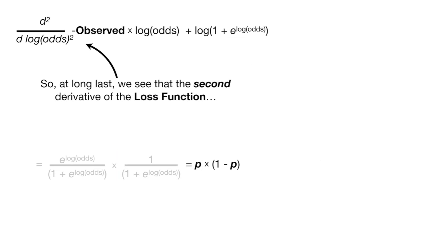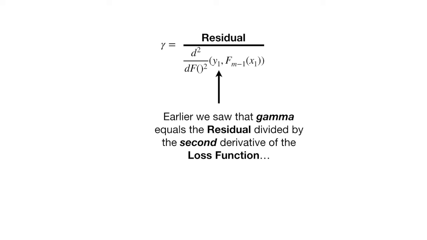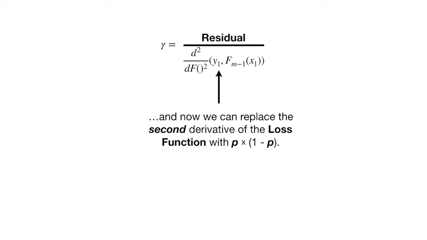So at long last, we see that the second derivative of the loss function is equal to p times 1 minus p. And that brings us back to gamma. Earlier, we saw that gamma equals the residual divided by the second derivative of the loss function. And now we can replace the second derivative of the loss function with p times 1 minus p.